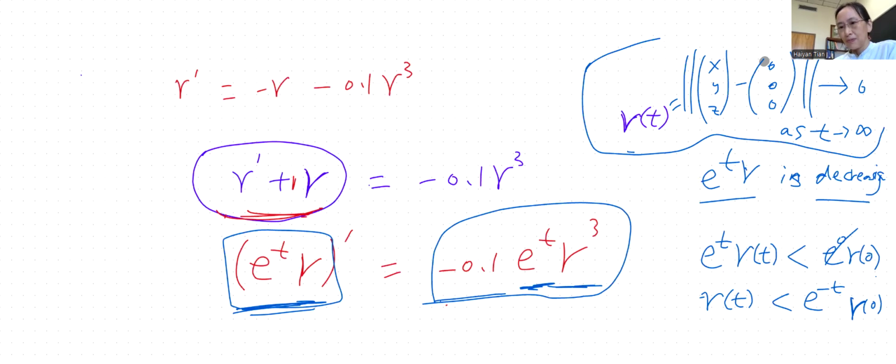So it approaches that fixed point as time goes to infinity. So it's globally asymptotically stable. And for this problem, we have a system, and we just proved that this system is asymptotically stable at a fixed point, which is the origin.